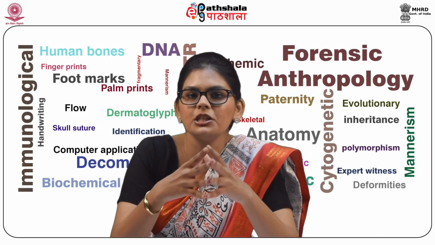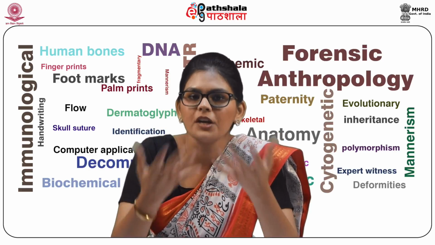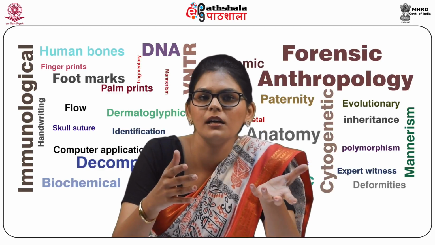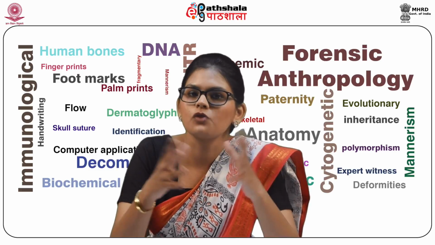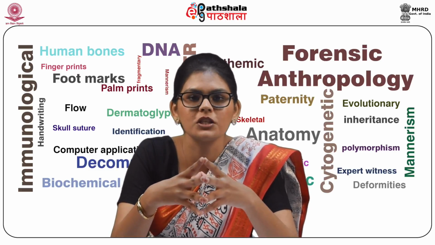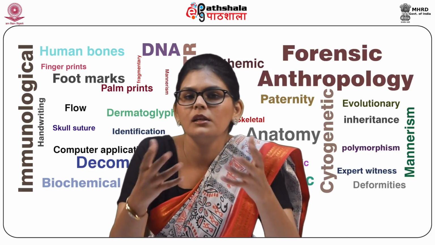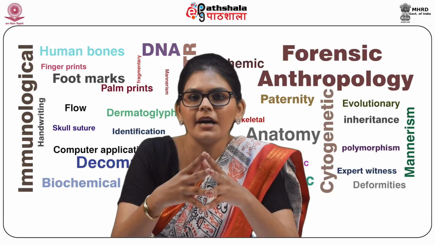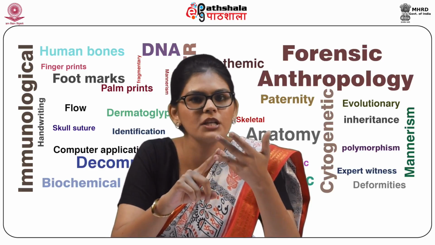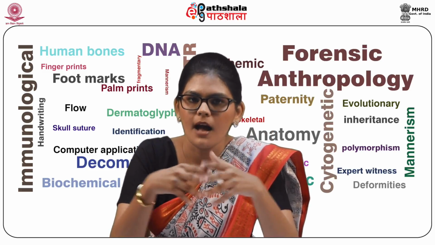The sex can be determined from the facial features, body parts, shape of the pelvis, external genitalia, bones, and soft tissues like uterus or prostate and mammary glands. The probable age can be determined from the skull, teeth, ossification of bones and color of the hairs.